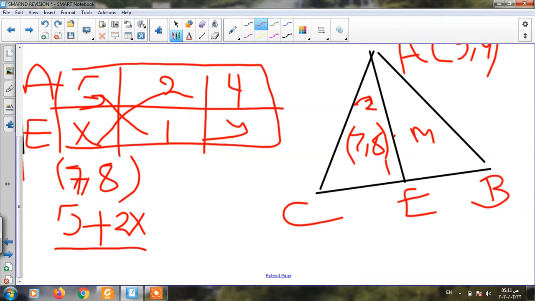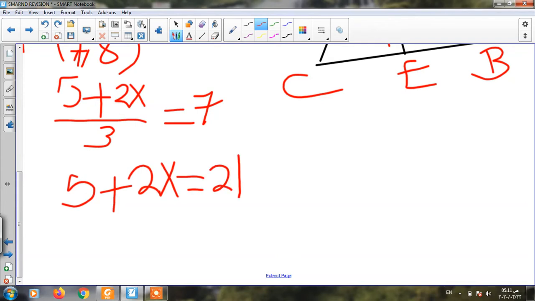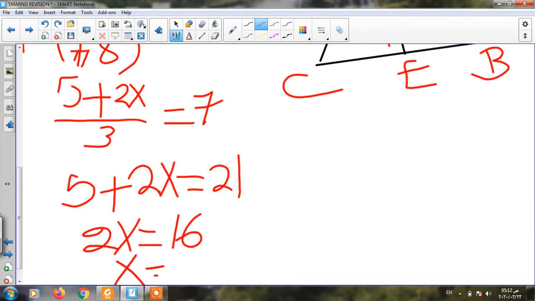This is going to be 7. Can you see that? Yes, 21. So 5 plus 2X will be 21. Then 2X will be 21 minus 5, which is 16. Then X will be 8. So the first coordinate of the point E is going to be 8.